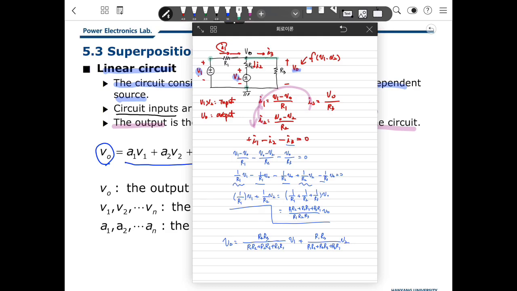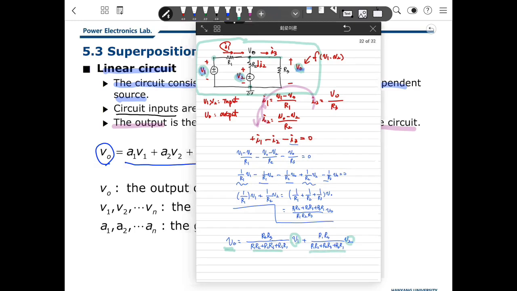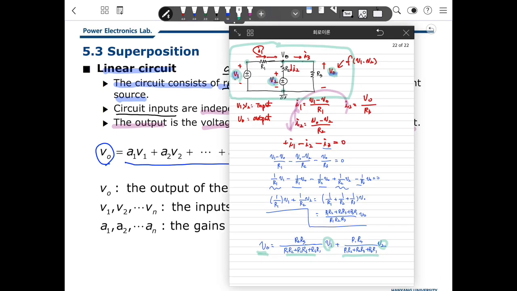So based on this electric circuit, we define V1 and V2 as inputs and V out as output. Then V out can be expressed with V1 and V2. So we can say V out is A1 V1 plus A2 V2 in this way.